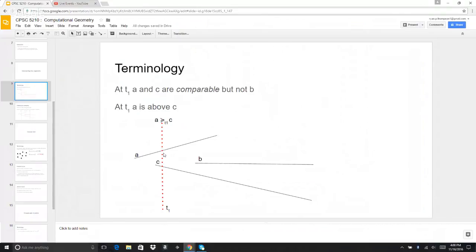Line A intersects the vertical line above line C. So A is above C. This symbol is the above, and the T1 designates at what time interval this occurs. If we had another time segment out here, you would have a different intersection and different line segments to compare to.